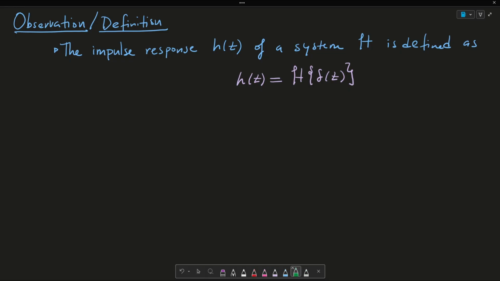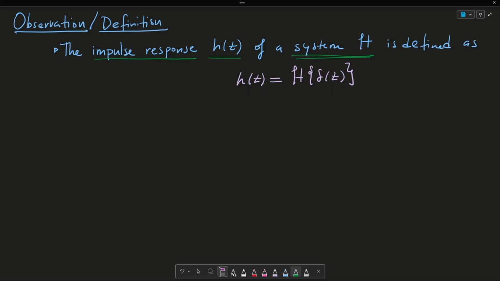In general, what we say is that the impulse response h of t of a system h is defined as this h of t when my input to my system h is the Dirac function, or the unit impulse function.